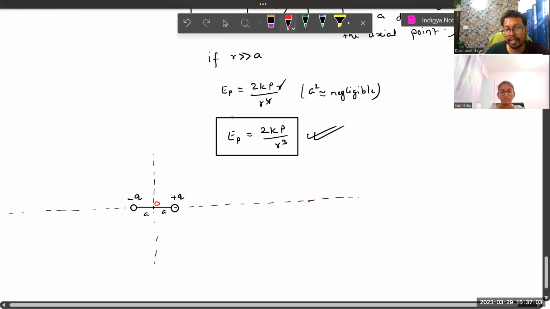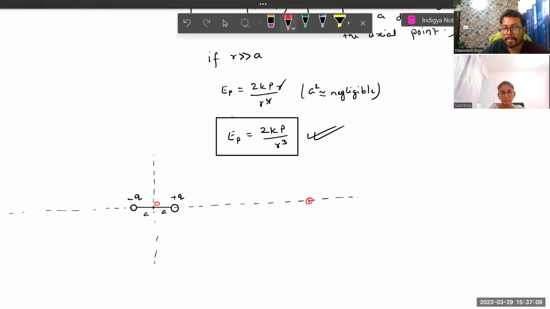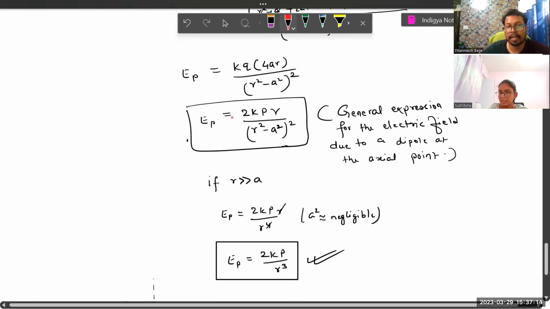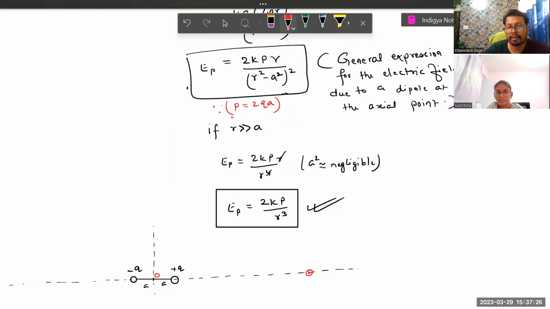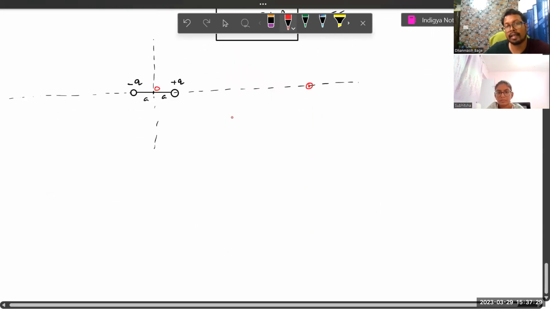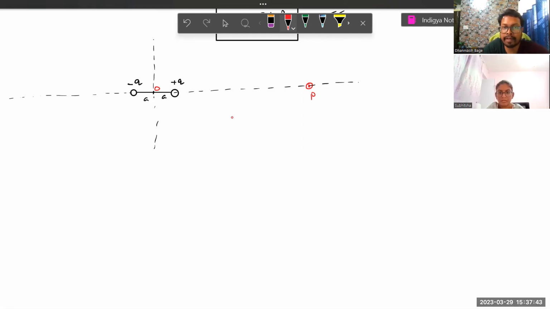Now tell me at any point here, what is the direction of net electric field? Here, in this case, I have directly written it, P. P is equal to what? 2QA. I've just replaced it, right? Yes. That is P, right? Simply. So in this case, tell me at this point P, what is the direction of the field? Net electric field. Is it to the right or the left?